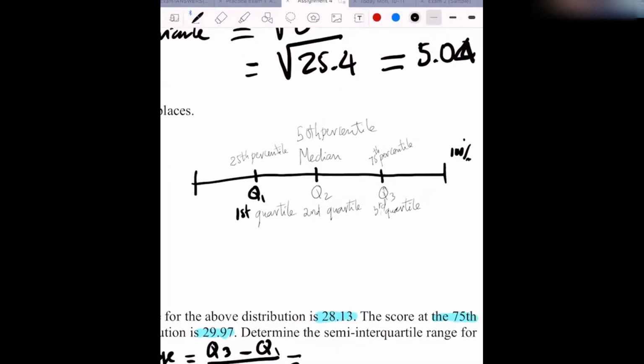The number over here will be the smallest number in a data set, and the number over here will be the largest number. Make sure that you write that down.